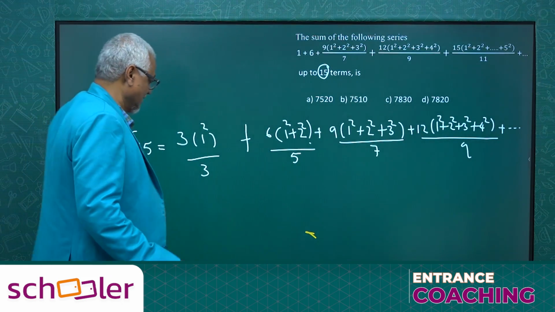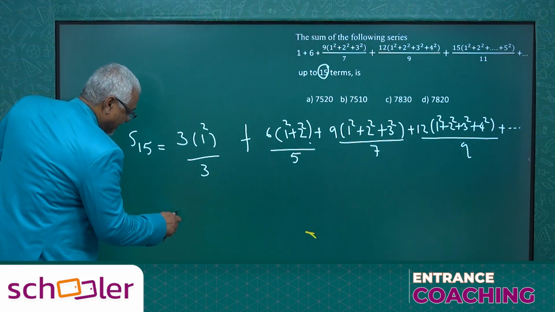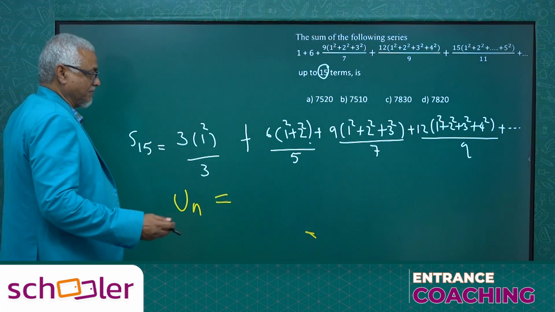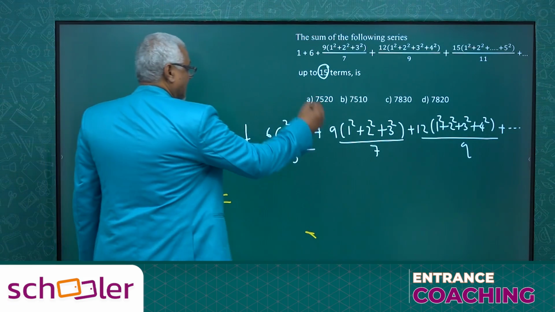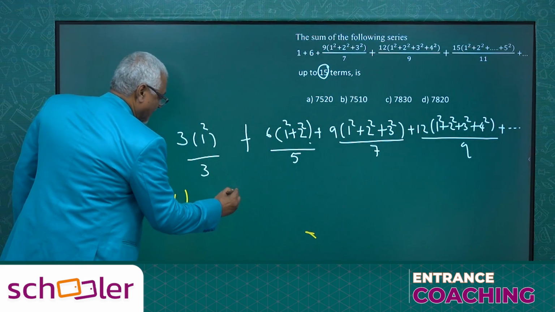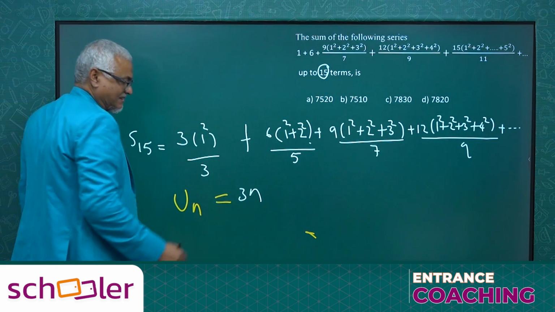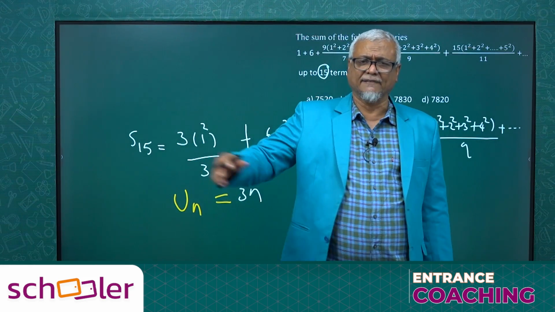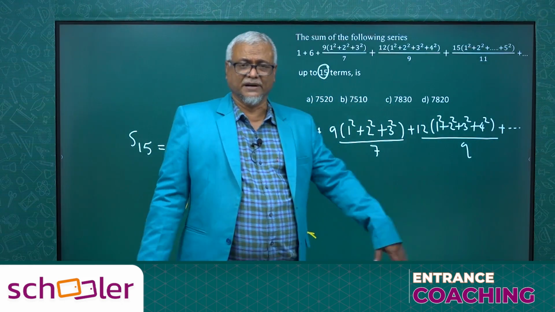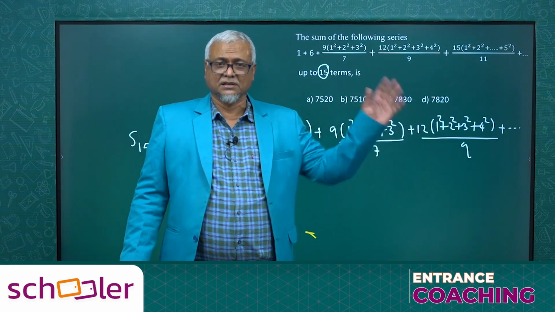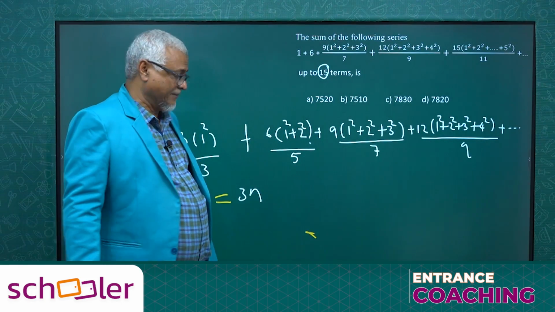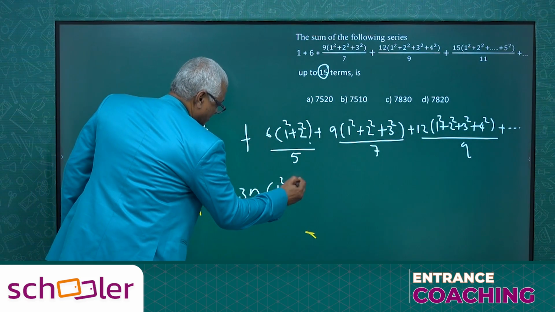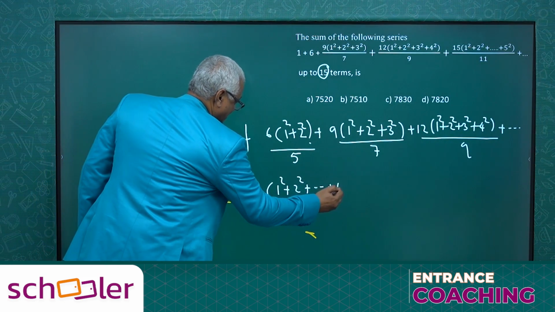What we need is the nth term, UN. The nth term: 3, 6, 9, 12, etc. All of you know that is 3n. That's not much difficult. 3 into 1 is 3, 3 into 2 is 6, 3 into 3 is 9, etc. And inside the bracket, it is more easy. 1 square plus 2 square plus etc. plus n square.